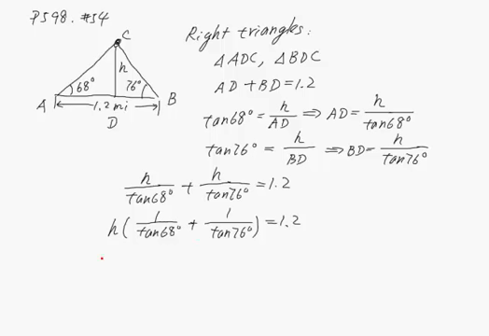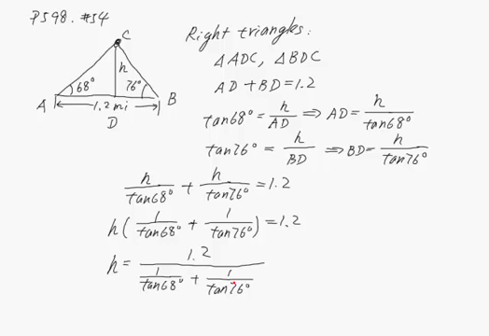Then we divide, and we get h equal to 1.2 divided by (1 over tangent 68 degrees plus 1 over tangent 76 degrees). So some guys have trouble punching all those numbers into the calculator.